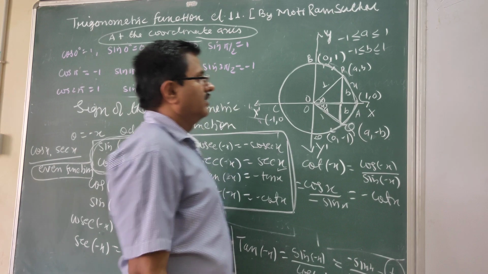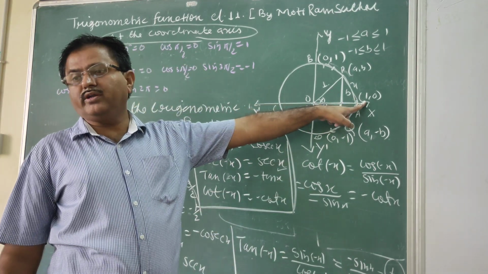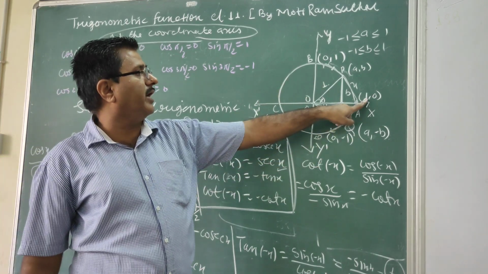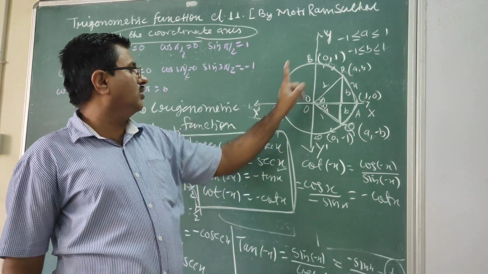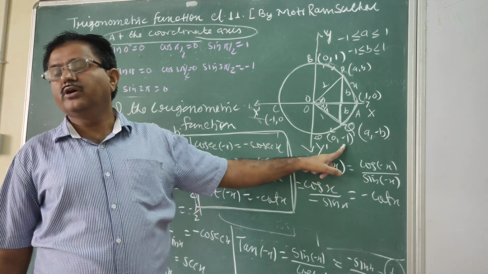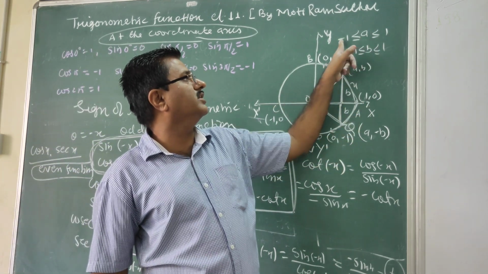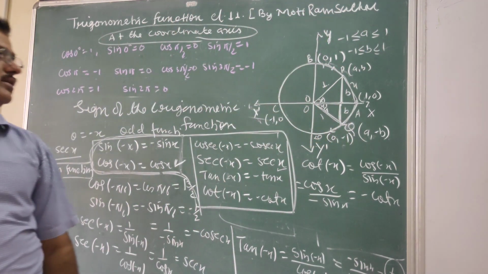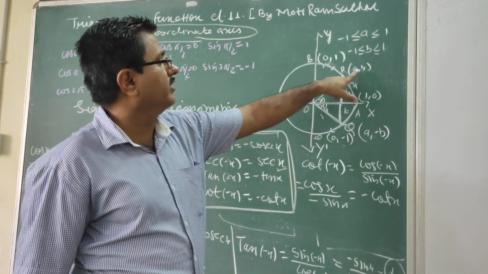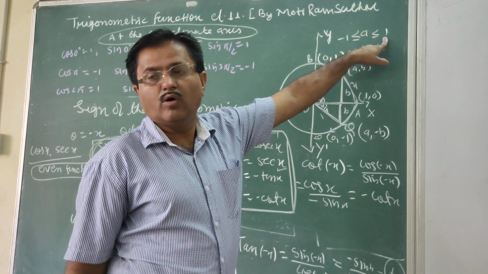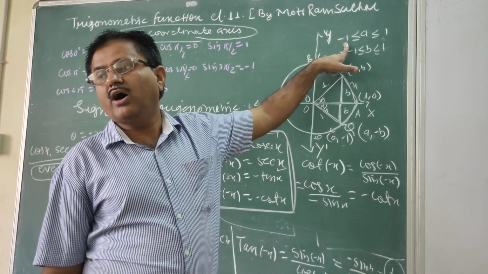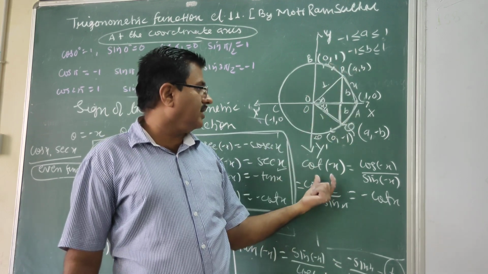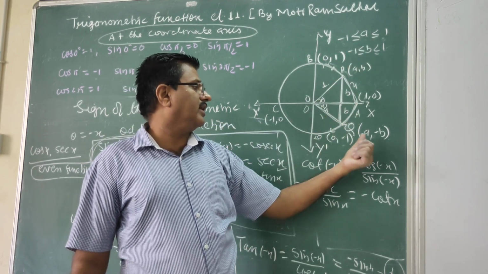See the circle. Coordinate of the point at any position, at A or B or C or D, the x coordinate is either 1, 0 or -1. It means a lies between -1 and 1. There is no theta for which it is greater than 1 or less than -1. So the value of a means we are taking cos x, b means we are taking sin x.